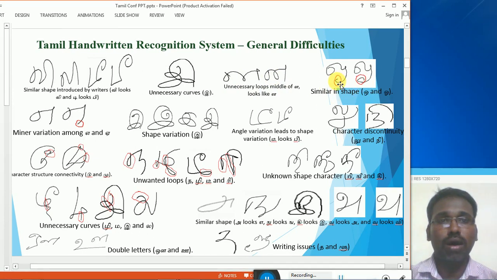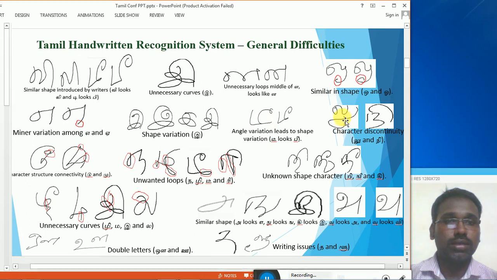A small curve variation creates a similar shape. A minor variation changes the character shape, and angle variation leads to shape variation.